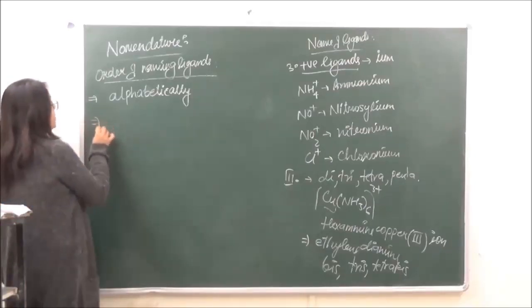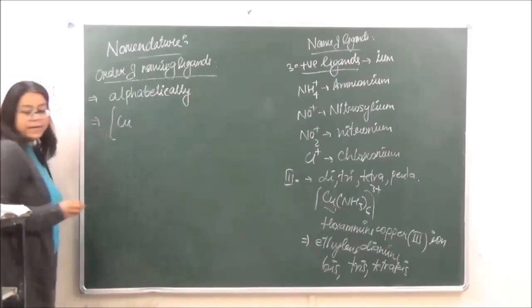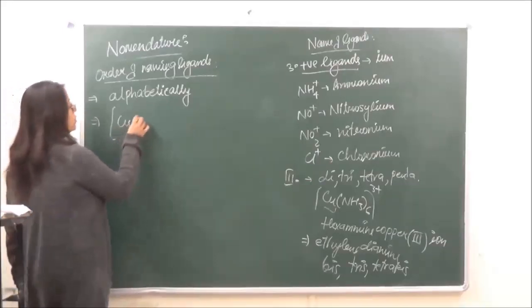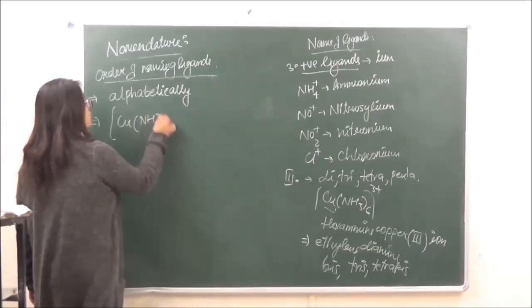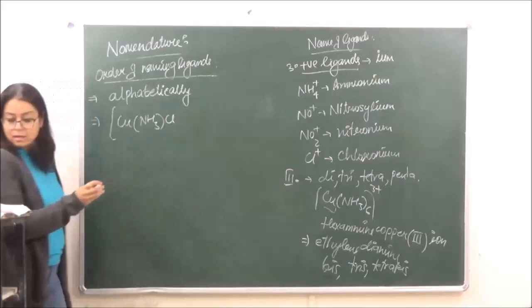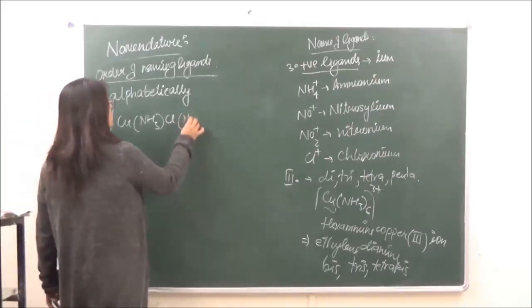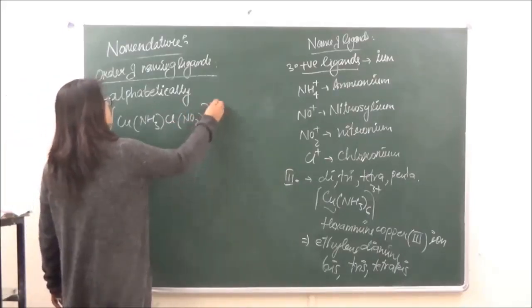Now let's take an example over here. We have a complex Cu NH3 Cl NO2 positive.